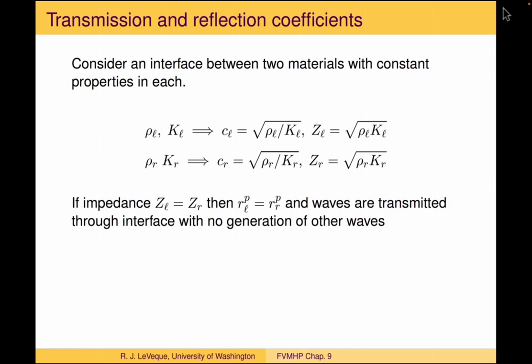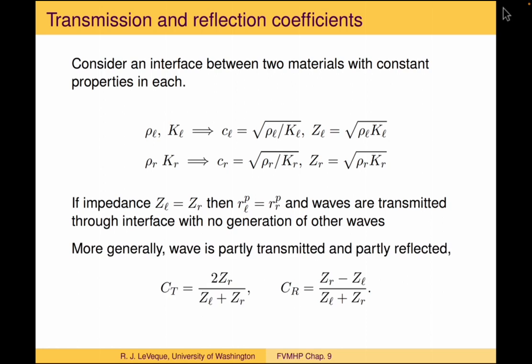That's because the eigenvectors, which are plus or minus Z and 1 in the two components, would be the same in both materials. It's only when there's a jump in impedance between the two sides that you end up getting potentially reflections or change in the waves as they pass through this interface.